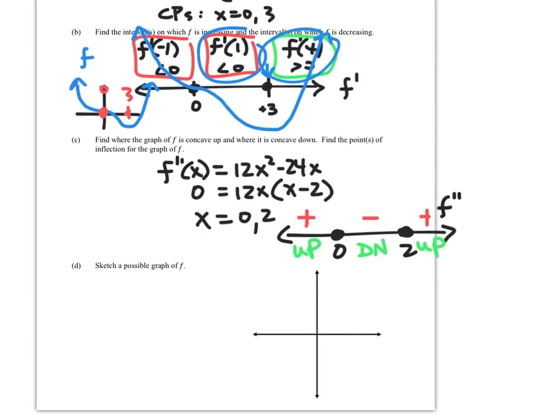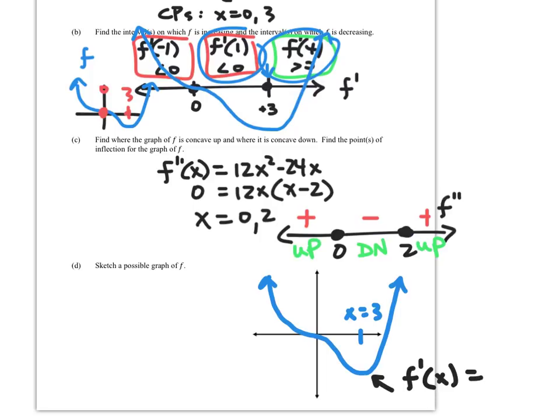Let's take what we had earlier, where here I have x equals 3. We knew the first derivative was 0 there, and also 0 there, at x equals 0 and x equals 3.